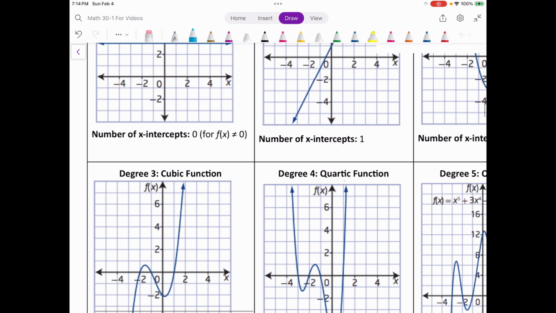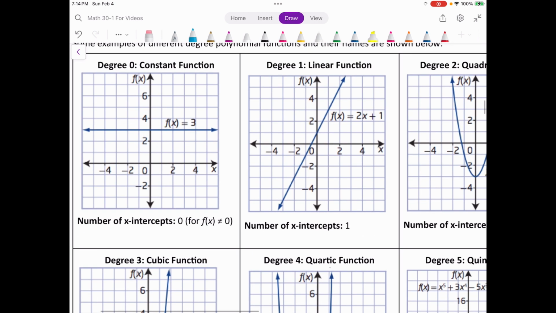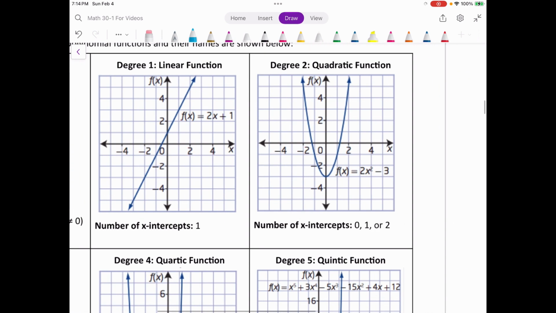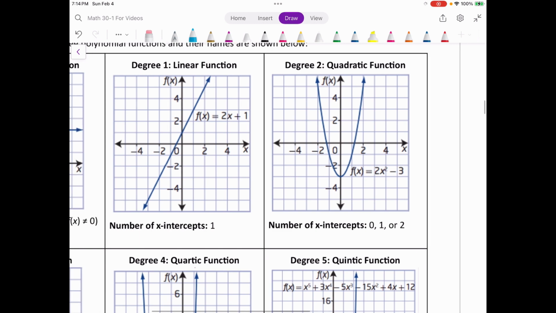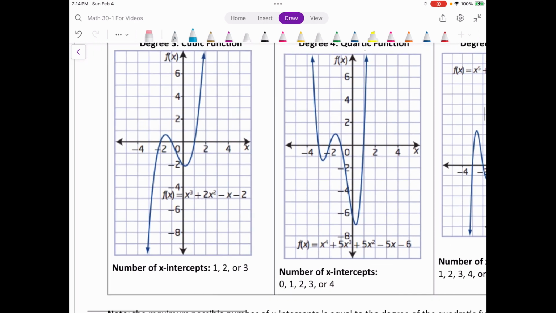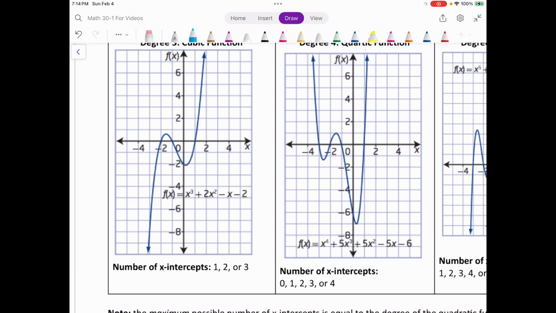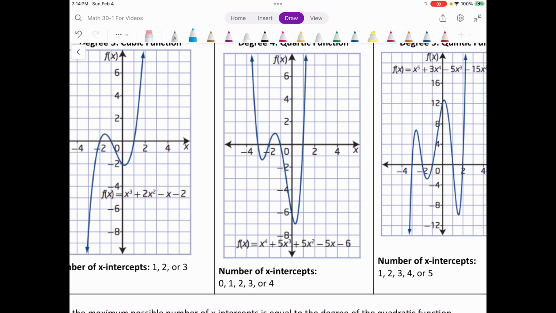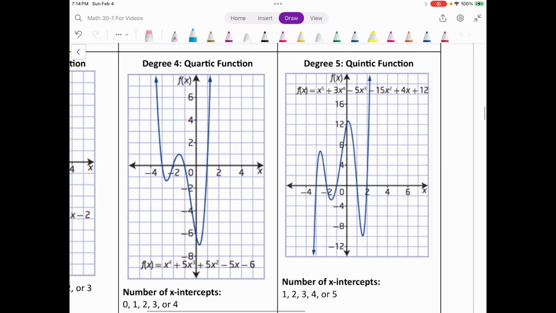Degree 0 would have 0 x-intercepts. Degree 1 would have 1. Degree 2 could have up to 2: 0, 1, or 2. Degree 3 could have up to 3, not including 0 though: 1, 2, or 3. Degree 4 could have up to 4, including 0: 0, 1, 2, 3, 4. You can even look ahead a bit there. Degree 5 could have up to 5: 1, 2, 3, 4, or 5.